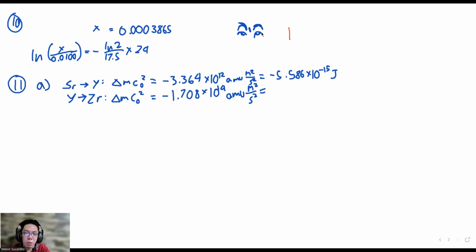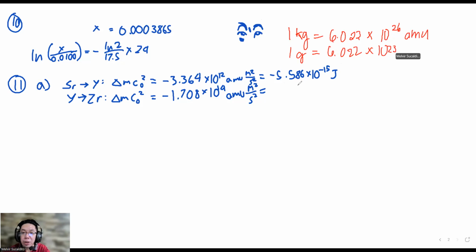1 kilogram is equal to 6.022 times 10 to the 26 amu. Where did this come from? Because 1 gram is equal to 6.022 times 10 to the 23rd amu.